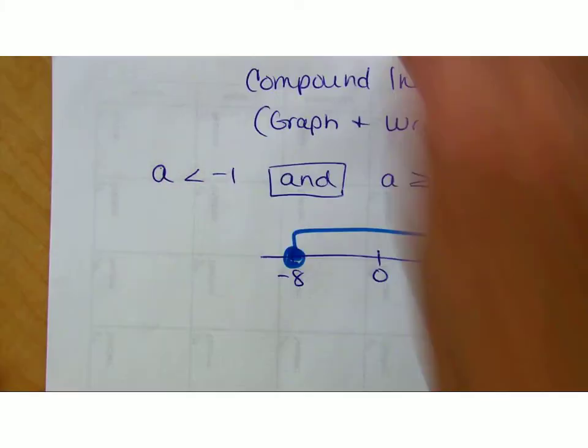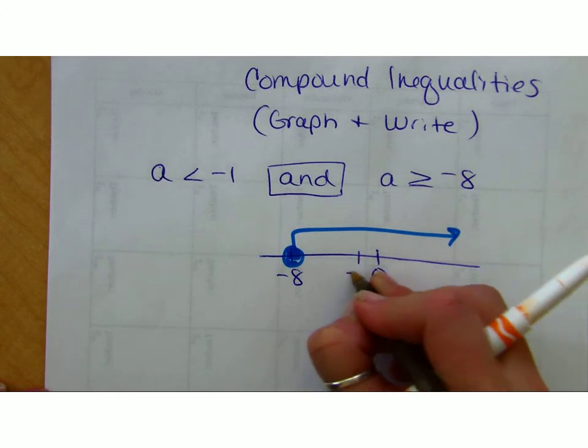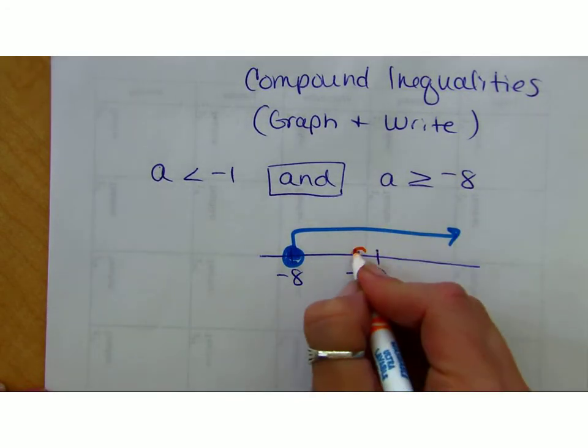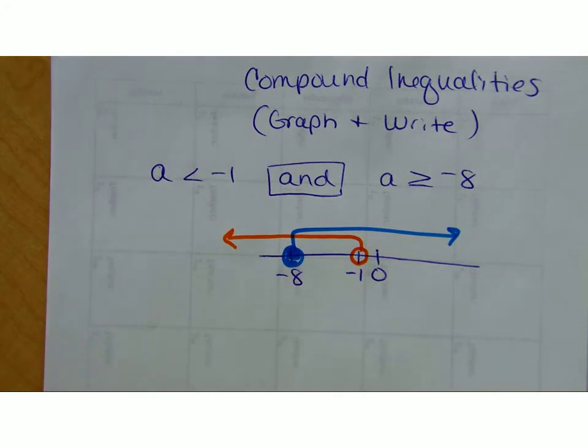That would mean that you're graphing two inequalities on the same number line, and you're going to have to read that number line to see what that means. So here's -1. Here are all the numbers less than -1, and you have a graph that looks like that.